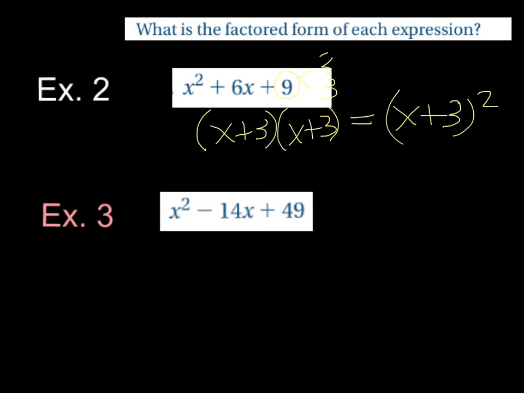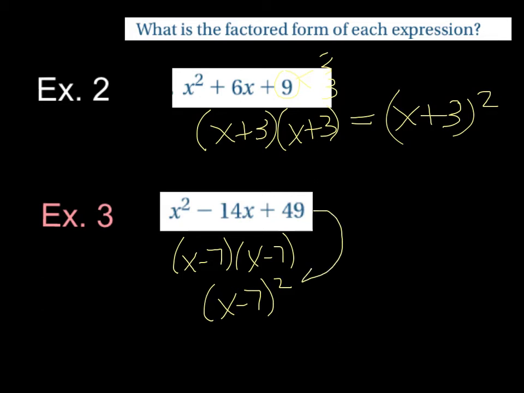Example 3, I've got a 49. So what multiplies to 49 but adds up to negative 14 would be negative 7 and negative 7, which means I have x minus 7 squared as my factor. So again, if I recognize the pattern, I can go right from here to here. If I don't, I just factor it the way that we've always done, and then combine those two factors into one squared term.